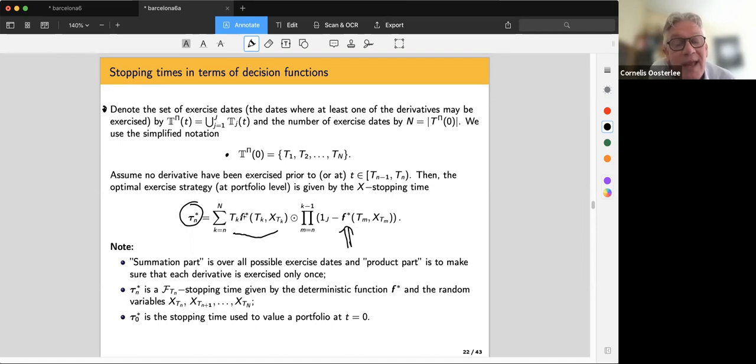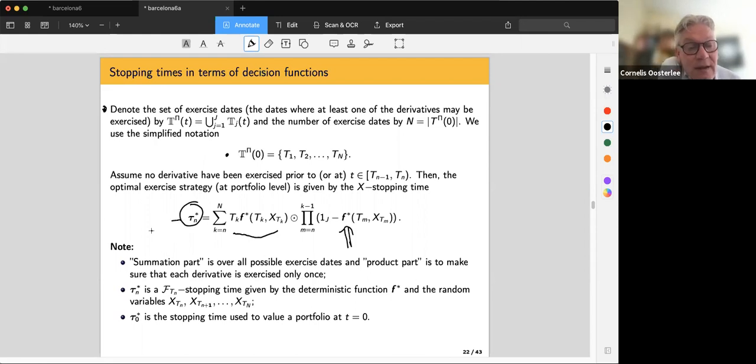And remember, when f is equal to 1, it means exercise. And that makes that this is 1 minus f, that makes this 0. It's a complicated sum times a product. The summation part is over all possible exercise dates, and the product part is to make sure that each derivative is exercised only once.